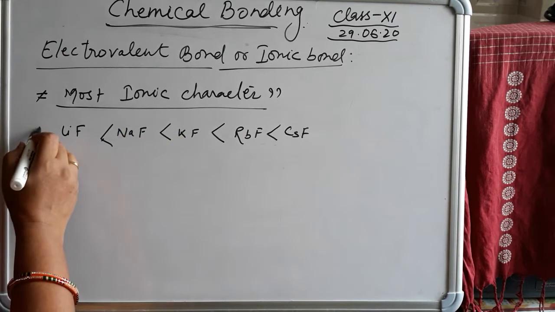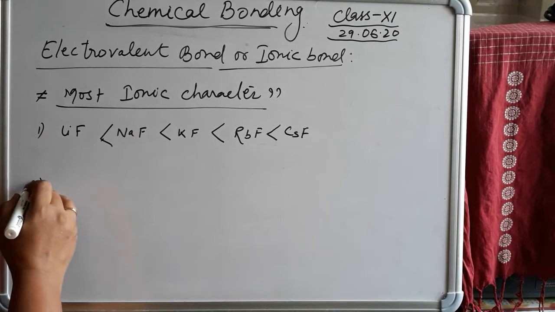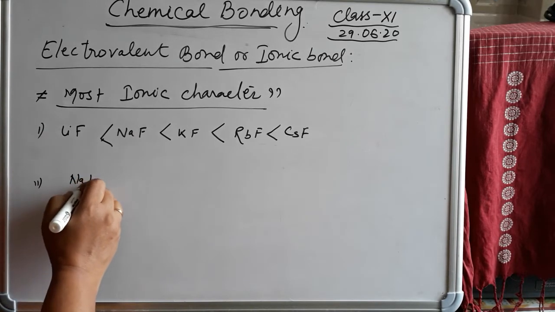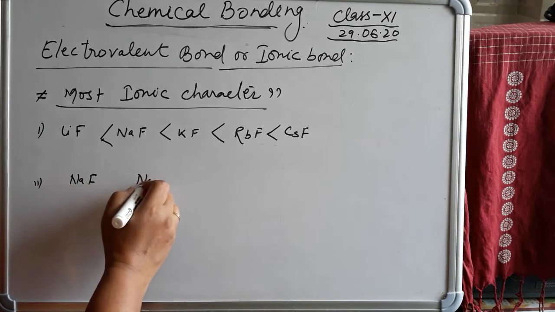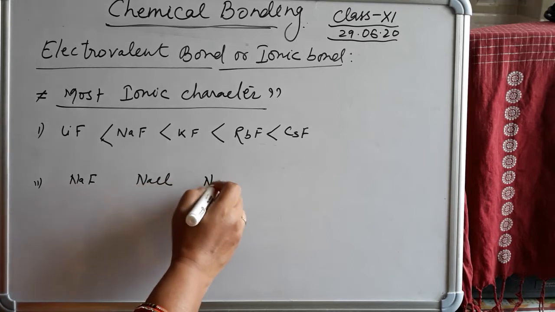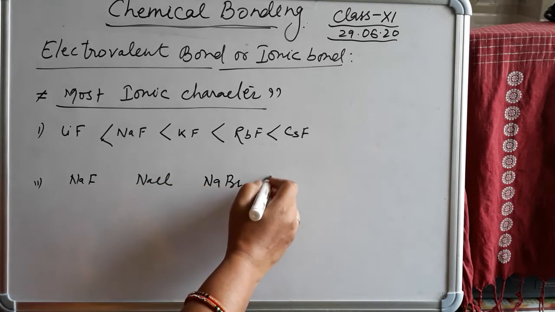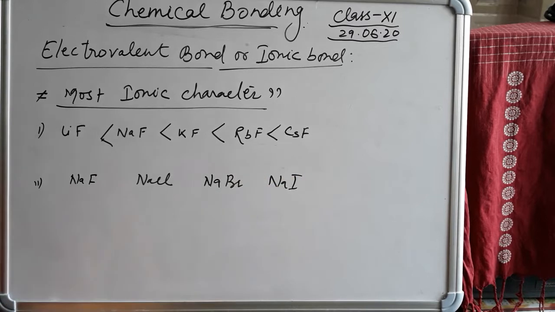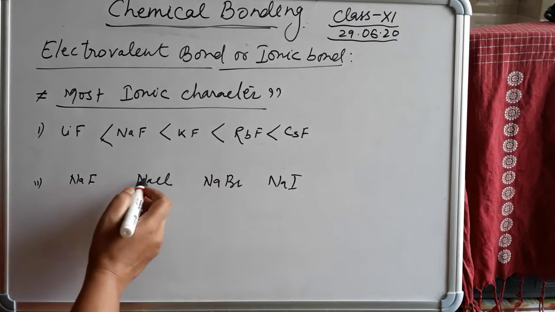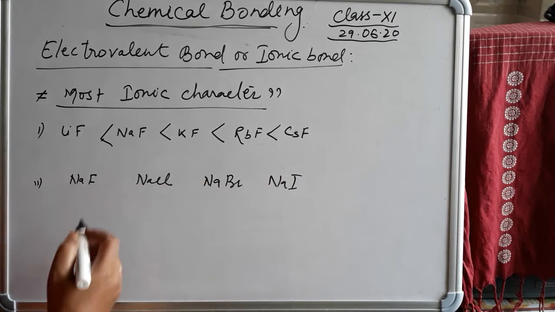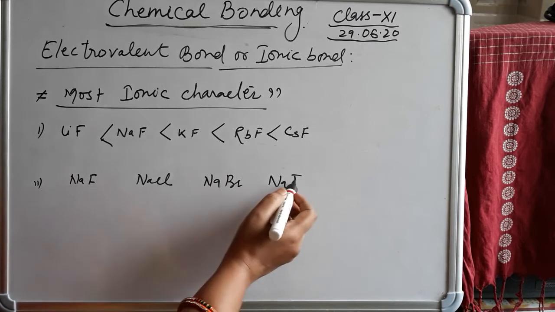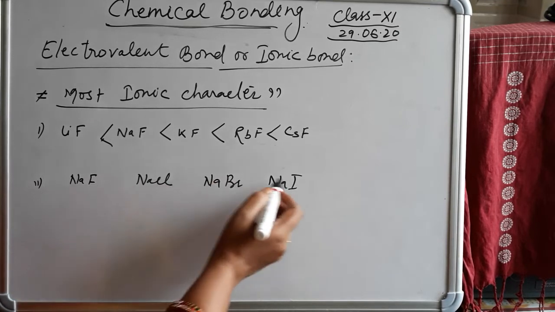sodium fluoride. And suppose the question gives sodium fluoride, sodium chloride, sodium bromide and sodium iodide. Students, see here, the metal is the same in all the species, but the non-metal changes, meaning the electronegative character changes.